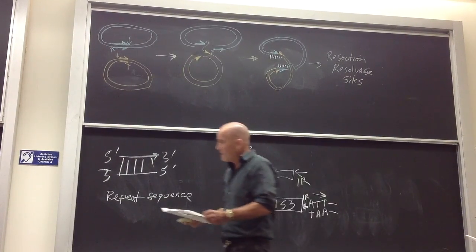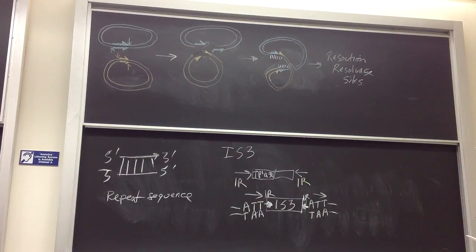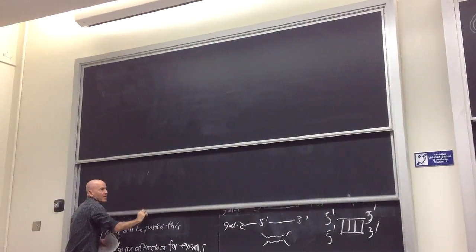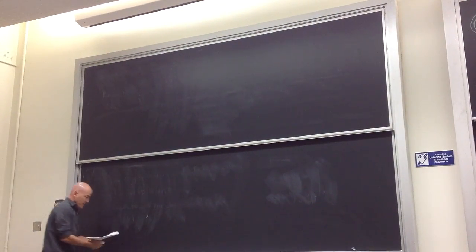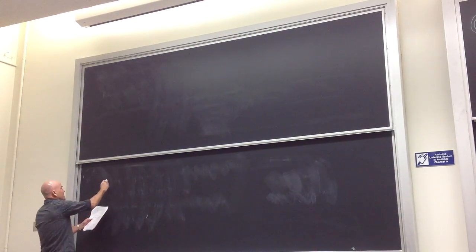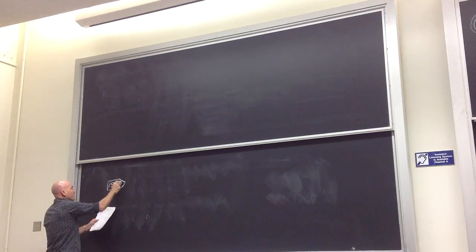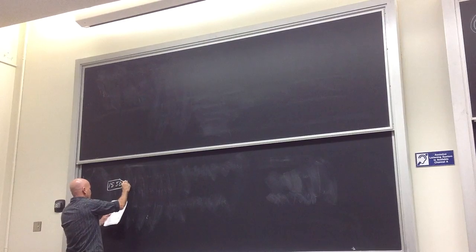Okay, just before we talk about mechanism, which is replicative versus conservative, let's talk a little bit more about what the heck transposons are. I'm going to give you just some transposons here. I just want you to be familiar with how they're built.